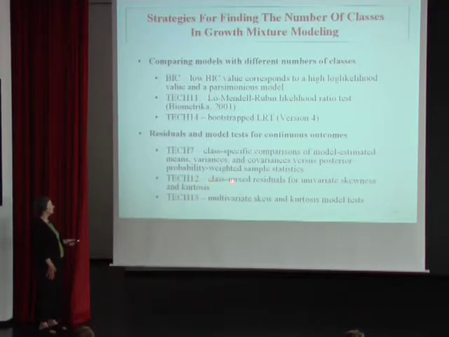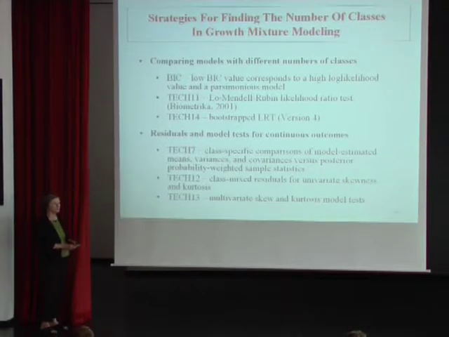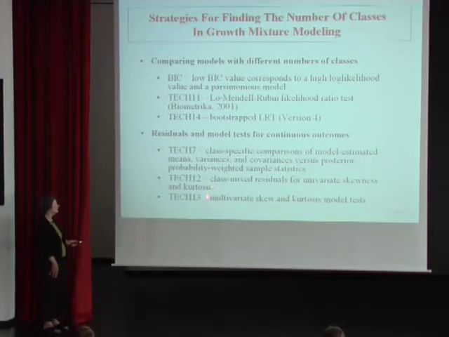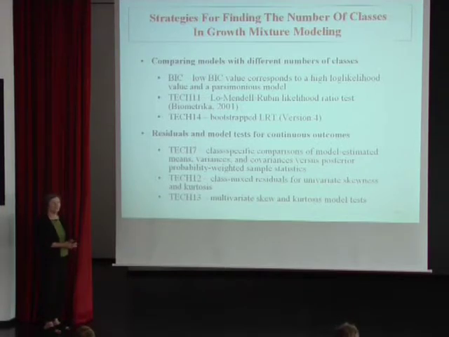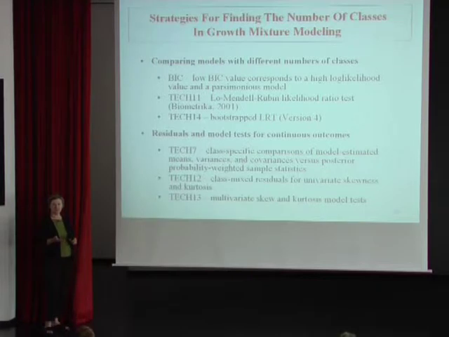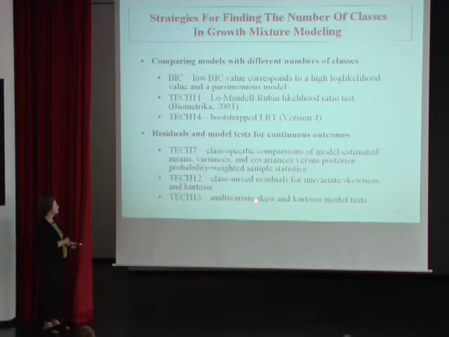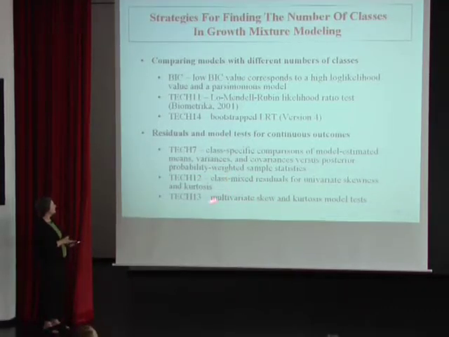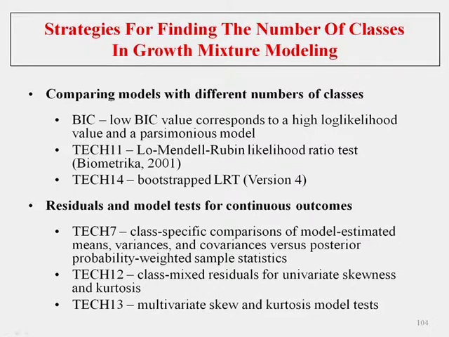Tech 12 gives us class mixed residuals for univariate skewness and kurtosis, and Tech 13 tests whether or not that skewness and kurtosis could be generated by the model. And we don't want to be able to reject the null hypothesis that the skewness and kurtosis came from the model estimated skewness and kurtosis. So that's something else that we can look at now when we move on to continuous outcomes.